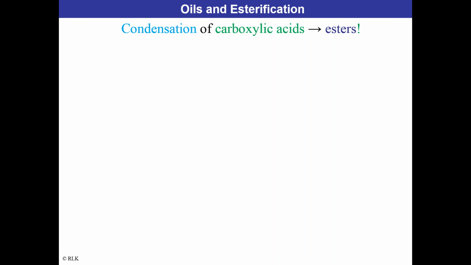There are various different types of alcohol, so it doesn't have to be methanol or ethanol. Even xylitol, erythritol, and glycerol, or glycerin, another name for it, are used in carboxylic acid reactions to produce the esters in question.